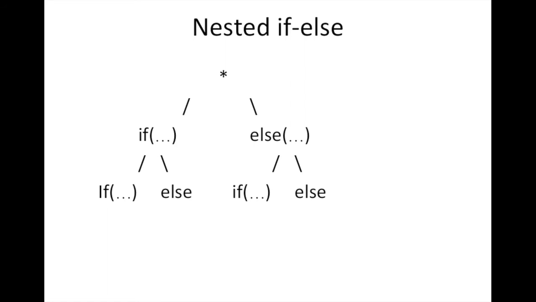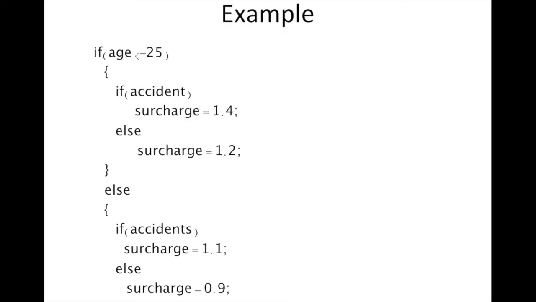A different situation occurs when a program requires true hierarchical branching with nested if-else statements, as in the decision tree on the screen. For example, in this code, if the age is under 25, then it executes the statement inside the if statement, even though the statement itself is an if statement.